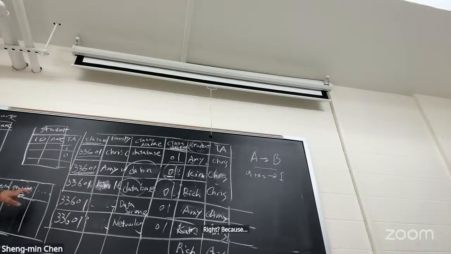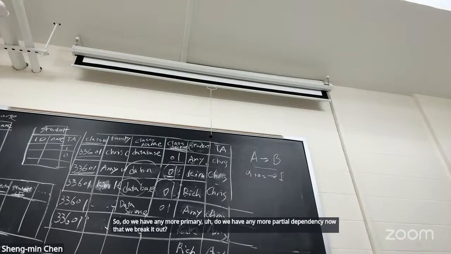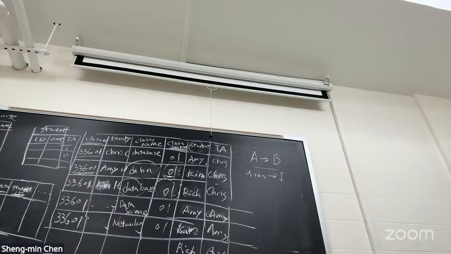Because the other columns here will probably be enrollment time or maybe withdrawal or whatever. Those will be non-key attributes that follow these three. Right? So do we have any more partial dependency now that we broke it out? It doesn't.